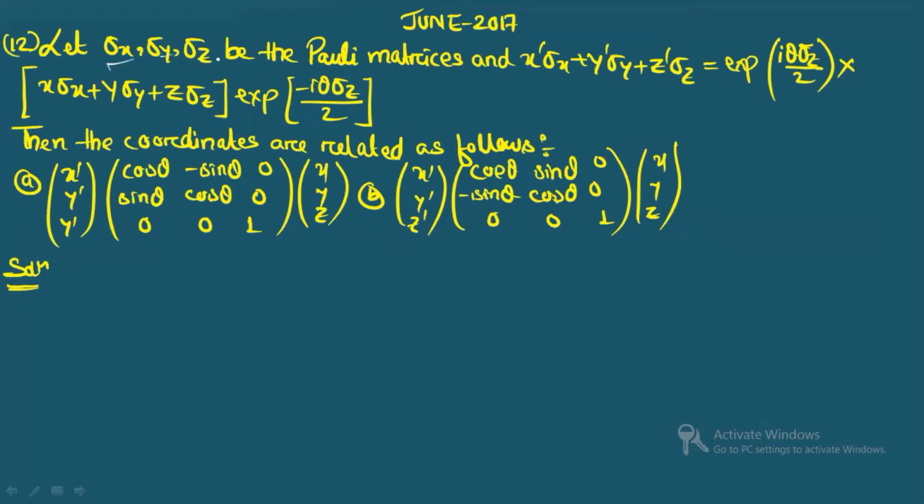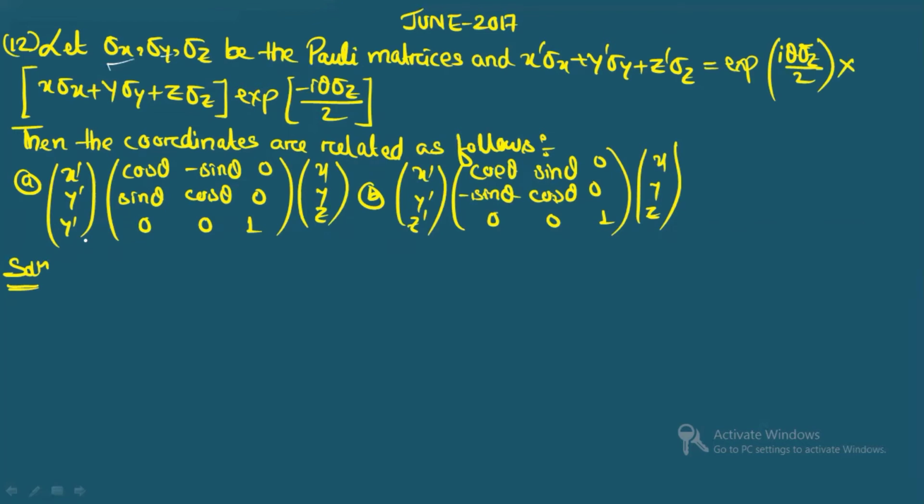Sigma x, sigma y, sigma z are the Pauli matrices. A relation is given to you, and you will have to find how these coordinates are related. Clear? So for this, first of all, we will write the values of sigma x, sigma y, and sigma z.